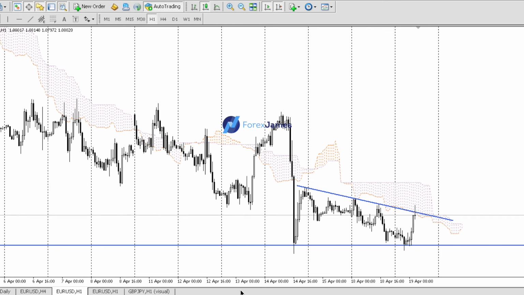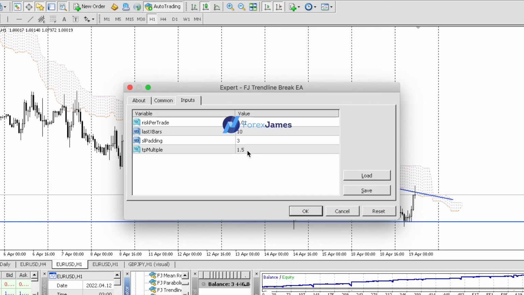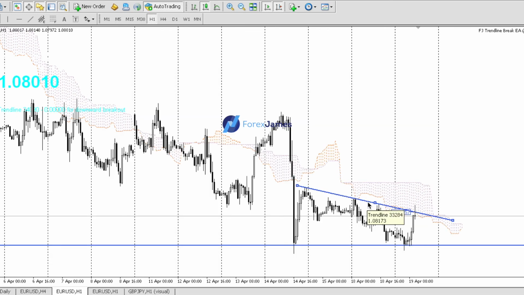So let's get the EA up. I'm gonna do a 2R this time because it's a fake out trade, so there's more room for profit because we're entering earlier. It's gonna confuse the EA if there are other trend lines, so let's delete this one. Okay, it's gone now.